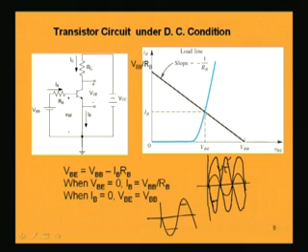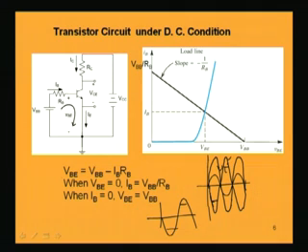This point will give you the value of the DC voltage and the DC current in the input circuit, which is the base emitter circuit. So, in this circuit, what is the value between base and emitter and what is this base current? That is known by this point which is the intersection of the input characteristic and the input circuit load line, and that is evident from this input circuit equation.